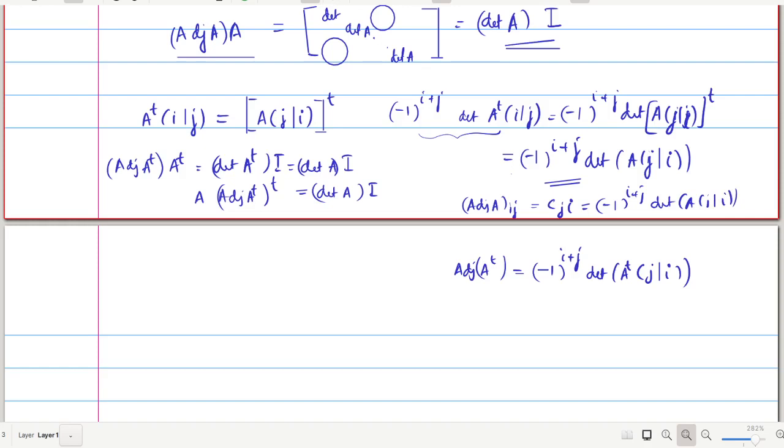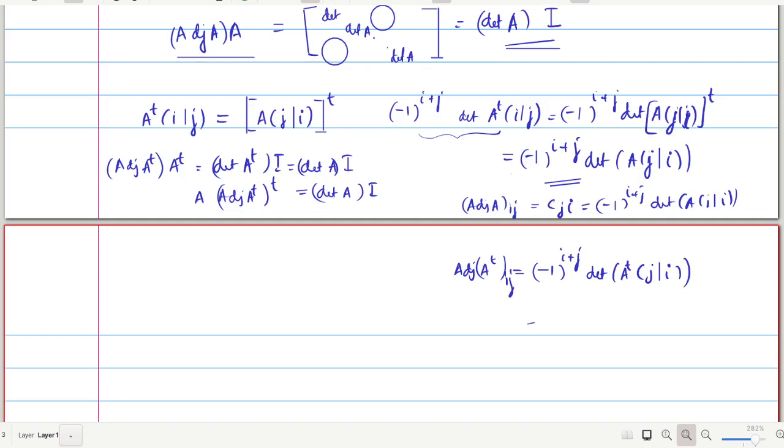Now the ijth entry of the matrix adjoint of A transpose will be (-1) to the power i plus j, or j plus i, both are the same. But here, instead of C_ji, we write the determinant of A transpose minor ji.